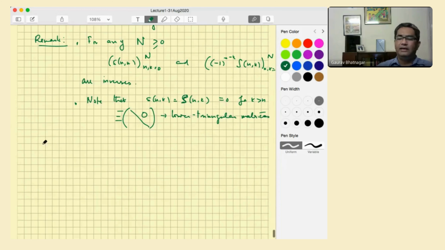Okay, and in fact, normally this is not the way they write it. So normally you write it, so we claim that, and we can move the minus signs to the other side.